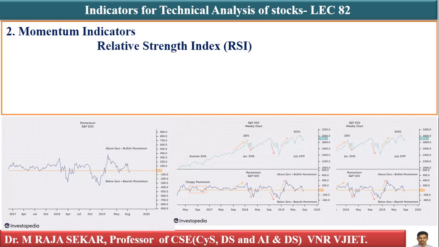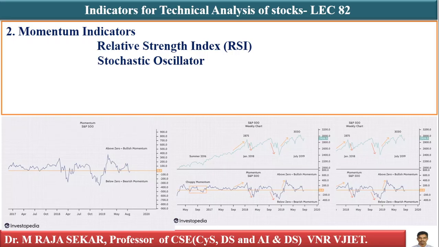What is the purpose of RSI? It is useful to understand overbought and oversold conditions. It ranges from 0 to 100. Values above 70 indicate overbought condition. Below 30 indicates oversold condition.